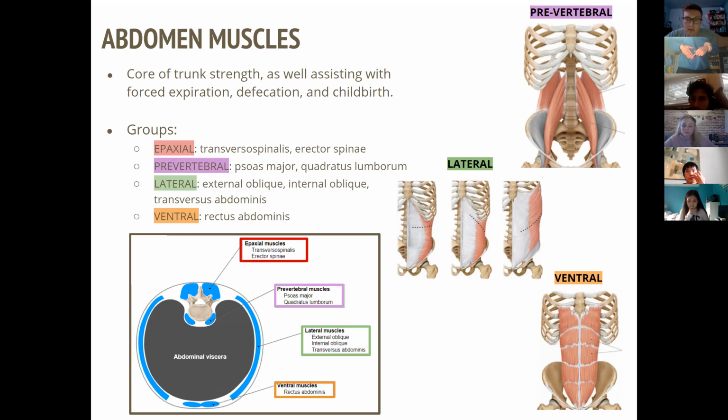Your fingers are now pointing in the direction of the external obliques. And remember, you would put a jacket on top, so that's the most superficial layer. If that helps you remember it, great. If that was a lot of words, don't worry about it. The point is, your external obliques go down like this, and your internal will go this way. This is very hard for me to do and to remember. External go this way.